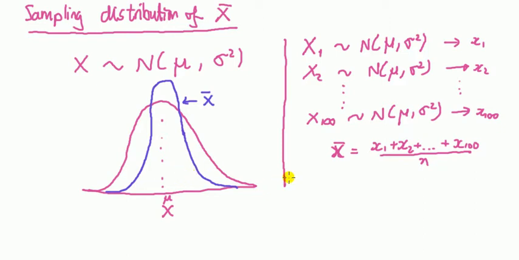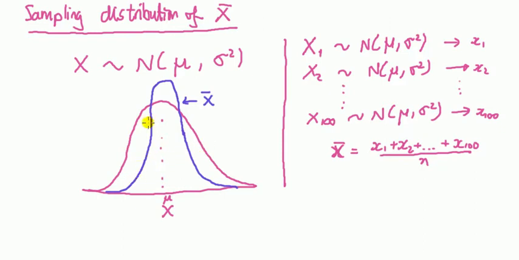Okay, so what? Well, if I ask you what would be a better guess for mu, a single draw x from this, or x bar, intuitively people would answer, oh, x bar is probably a better estimate for the population mean, mu, than x is.